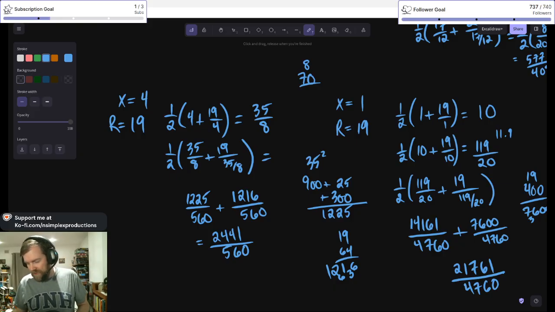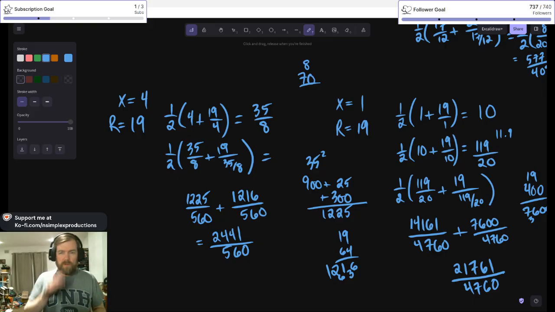In this day and age, sure, we do actually want more accurate values, and so we will be a little bit more demanding in terms of the precision that we want, but generally speaking, right, if you're just trying to get a value for square root of 19, 2441 over 560 is pretty good. It is a reasonable approximation.